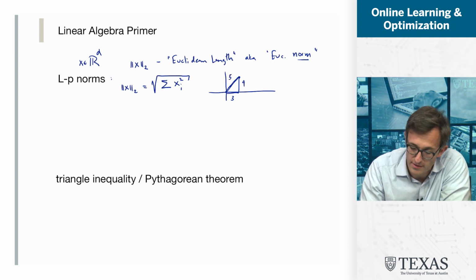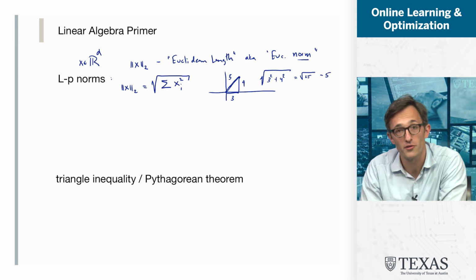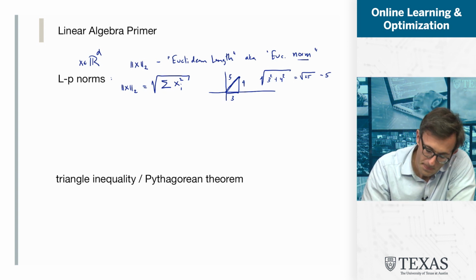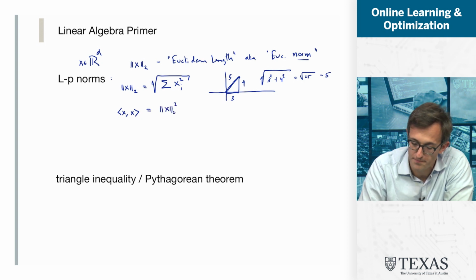How did we compute that? Well, we know that this distance of the hypotenuse is just the square root of 3 squared plus 4 squared, which is the square root of 25, or 5. And this holds more generally in general dimensions. Another thing you should note is that x dot product with itself is exactly equal to its Euclidean length squared.